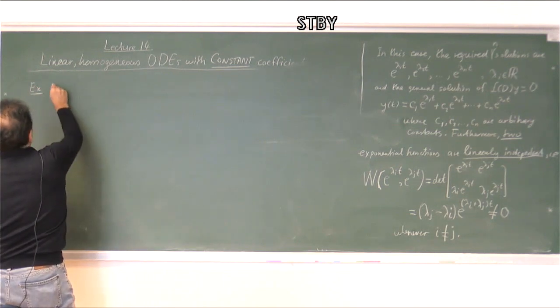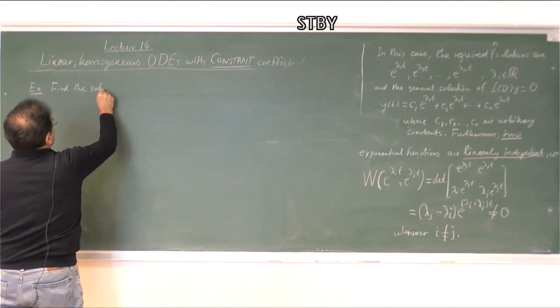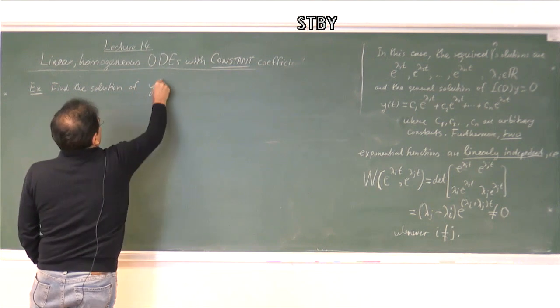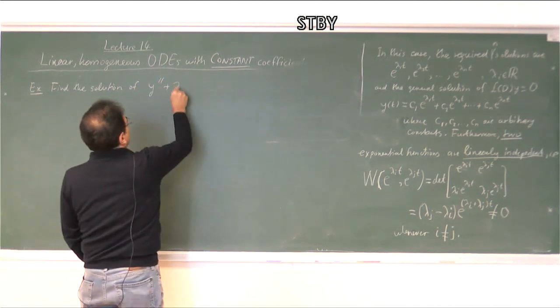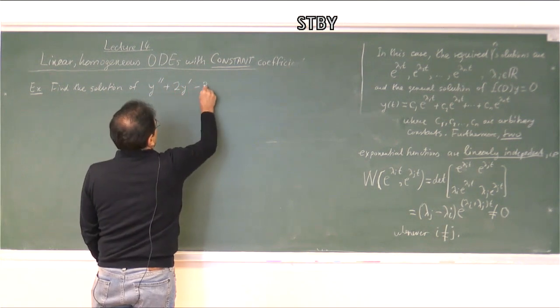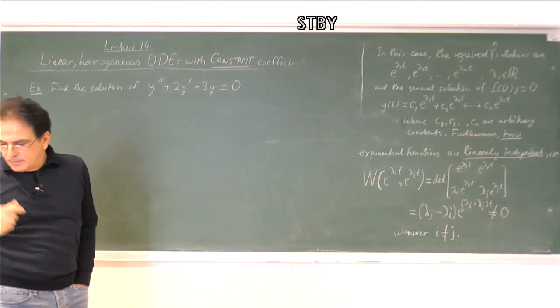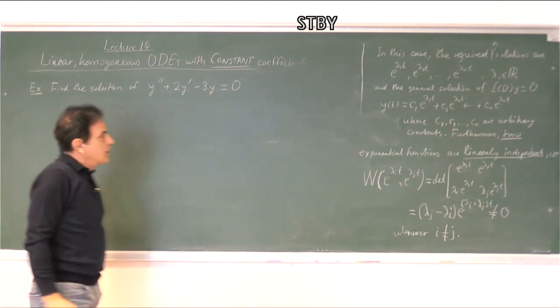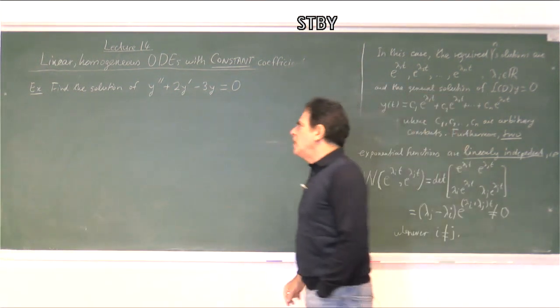Example: find the general solution of y double prime plus 2y prime minus 3y equal to 0. Okay? General solution. Yes. When we talk about the solution, we mean general solution. Okay?